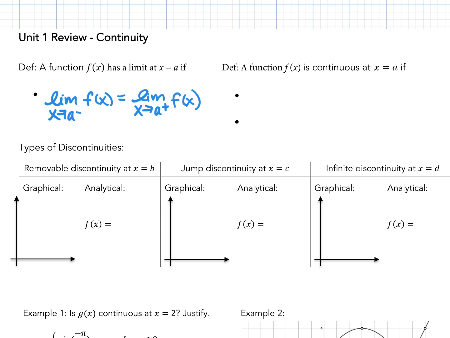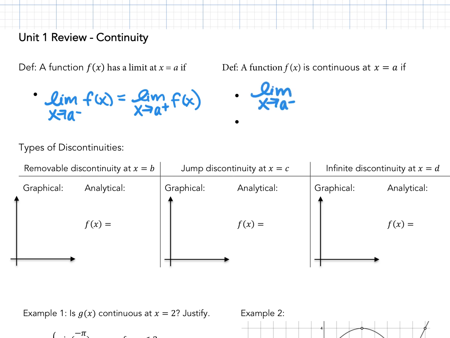Could something have a limit but still have an open hole? Yes. The fact that an open hole would be important comes into play with continuity. And so then we bridged the gap, or made that leap, for continuity.